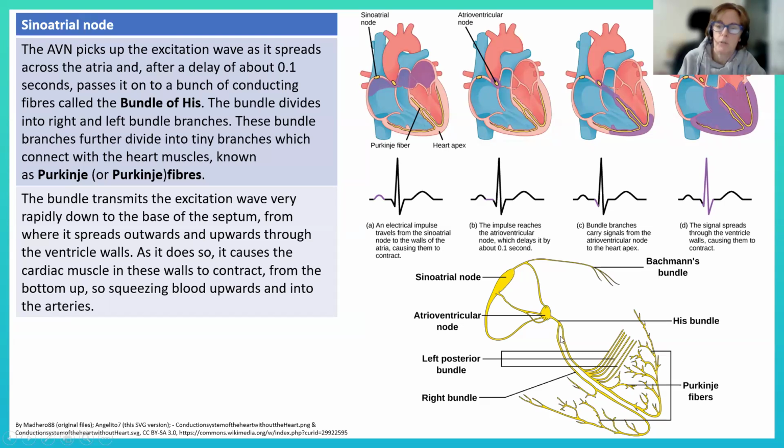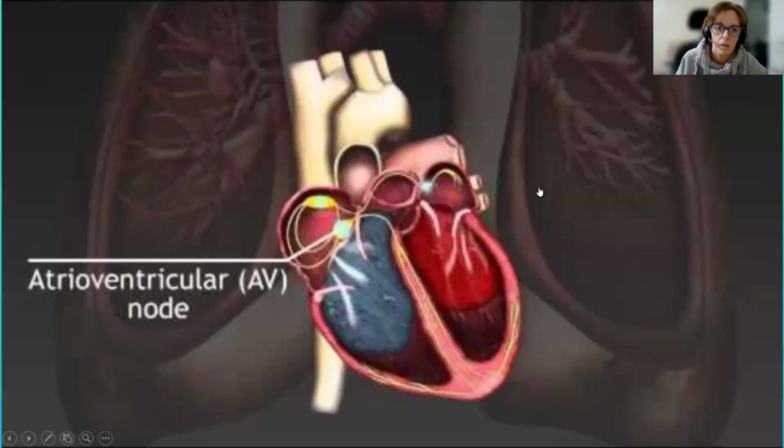And then the signal goes down the bundle of His to the Purkinje fibres, causing the contraction of these muscles from the bottom up, squeezing the blood upwards so that it leaves the heart via those arteries that, if you have a look at this diagram, are pretty high up on the ventricles.